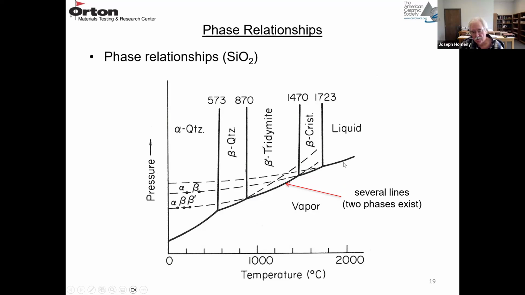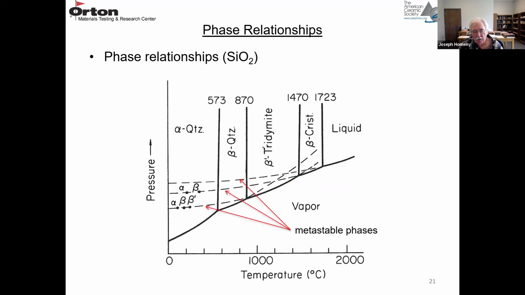And this line here is liquid and vapor. So any line represents two phases. And then below this line here, you have vapor, but these have to be extremely low pressures to vaporize these materials.